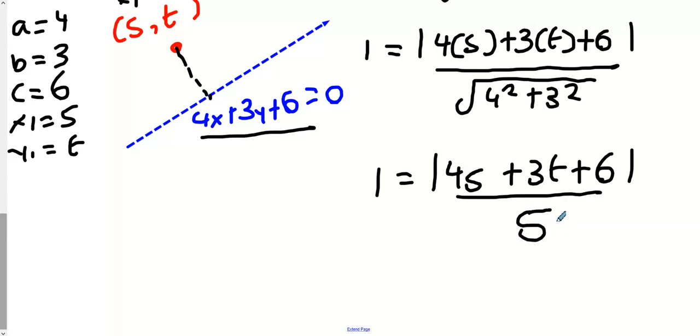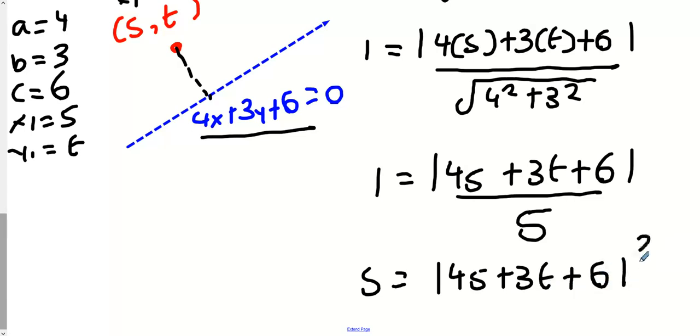Now guys, if I square this out right now, so if I bring the 5 upwards and I say 5 equals 4s plus 3t plus 6, if I square that out, that's an absolute mammoth thing to square out. So what I'm thinking is I have 2 parts of the equation.